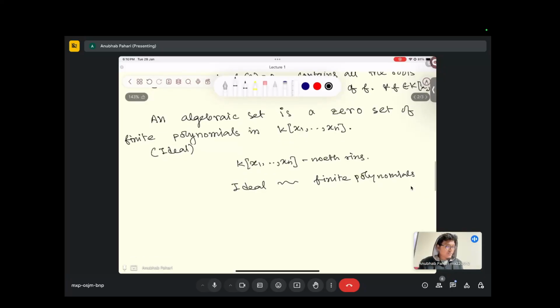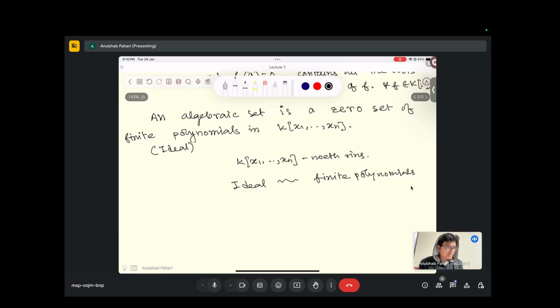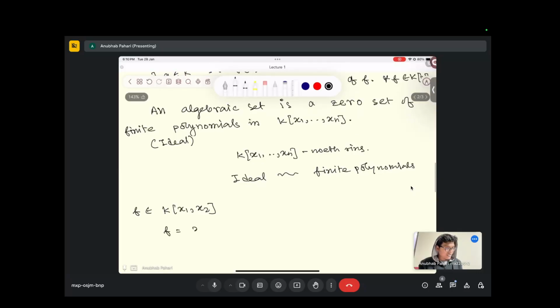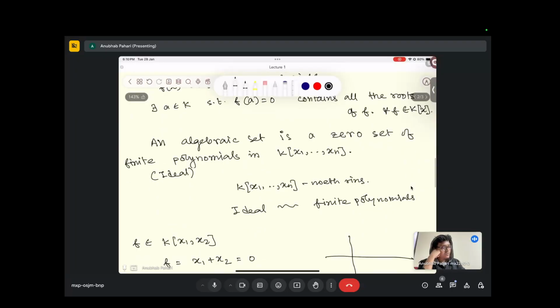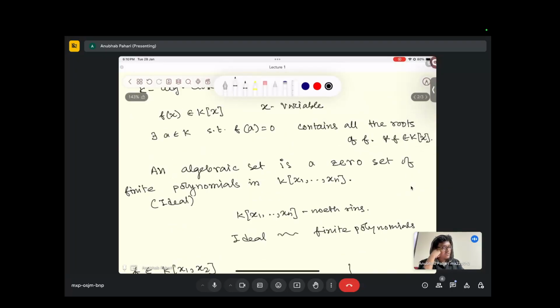Okay, so some nice examples. If we take the polynomial ring in two variables, and suppose I take a polynomial, say x1 plus x2 equals 0.